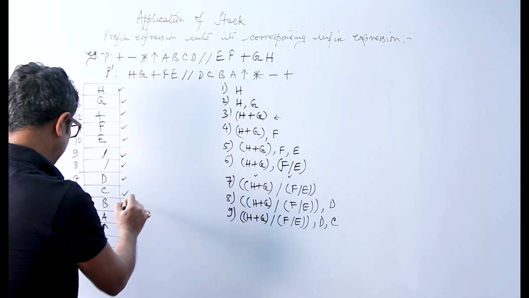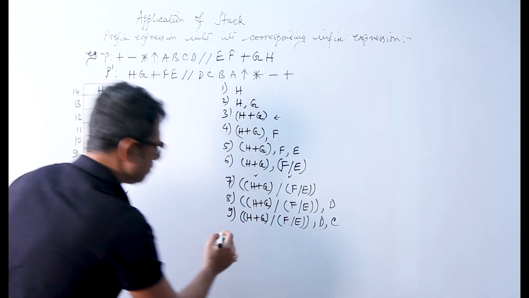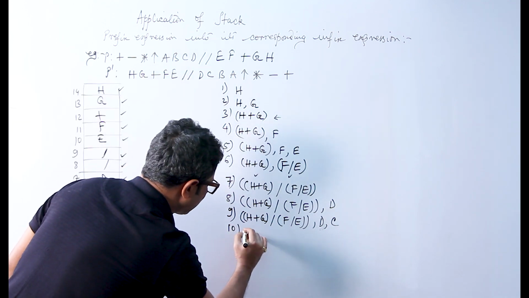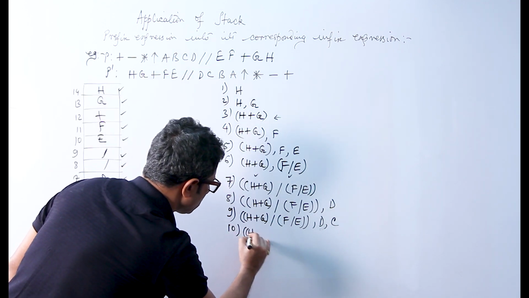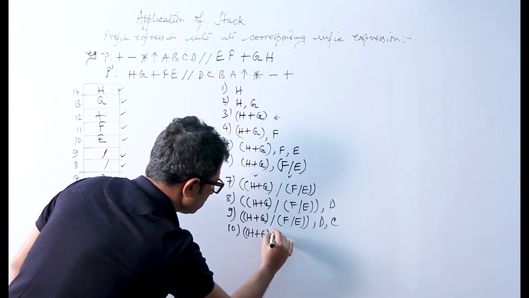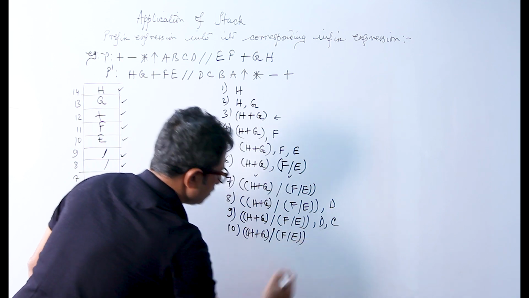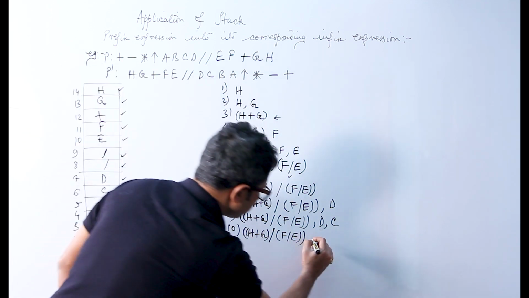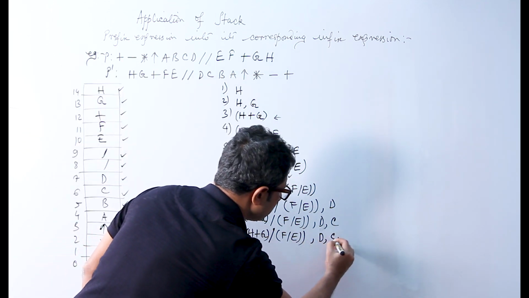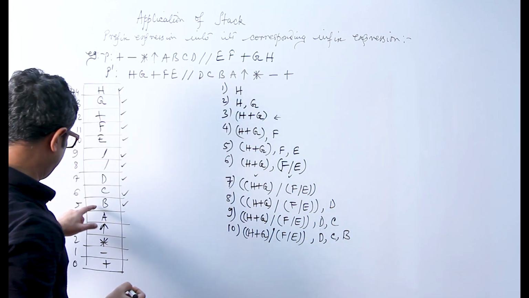After that we encounter another operand, that is b. So we will write the 10th step as h plus g slash f slash e parenthesis d c and then b.